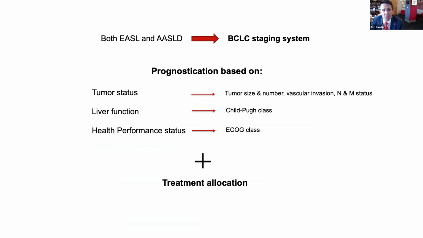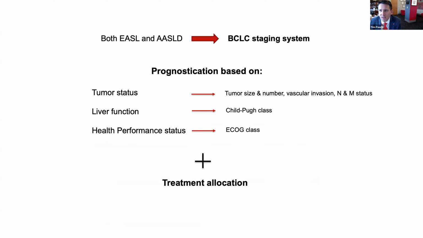The reason for that is multifold, but most large liver associations, so EASL, the European Association, and the AASLD, the American Association for the Study of Liver Diseases, both endorse the BCLC staging system.